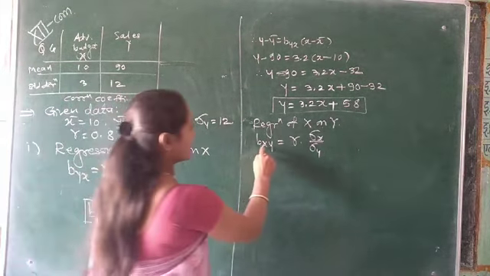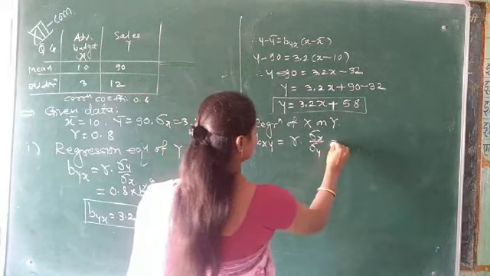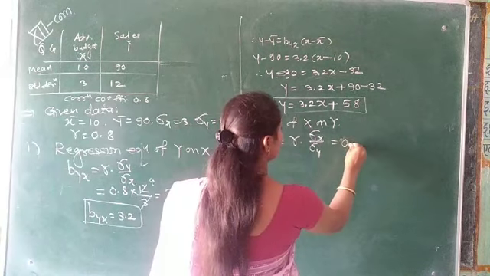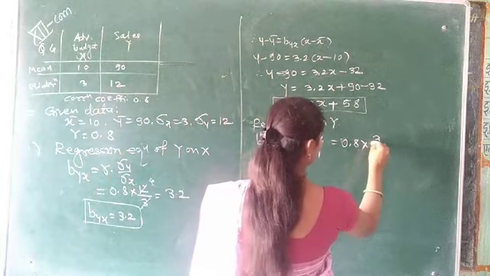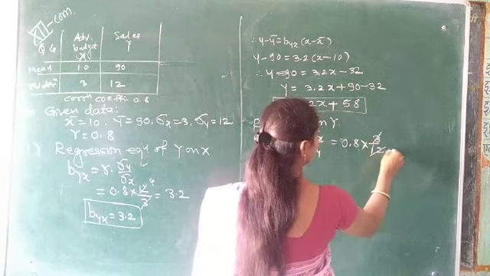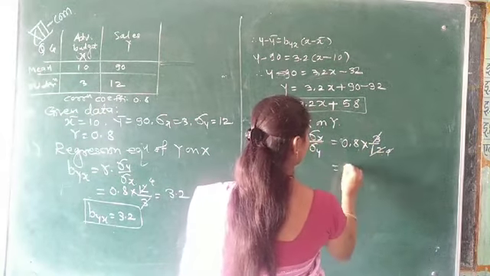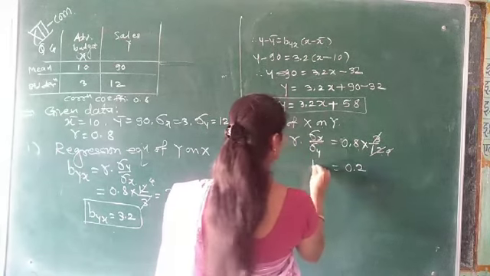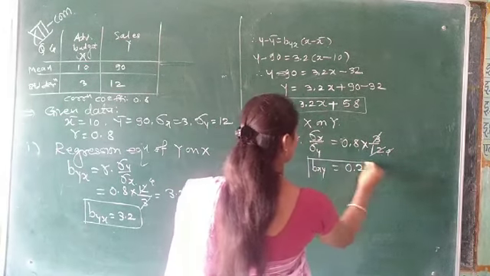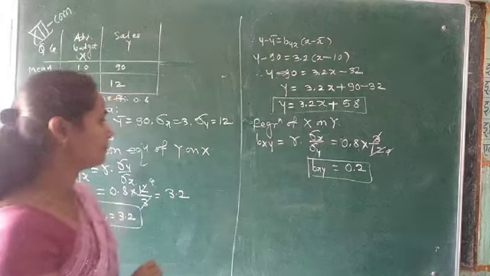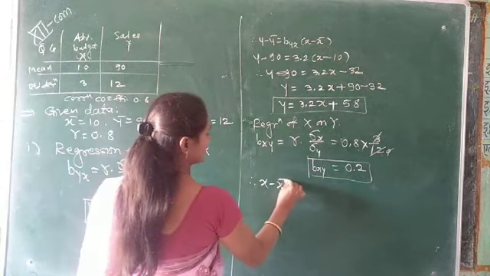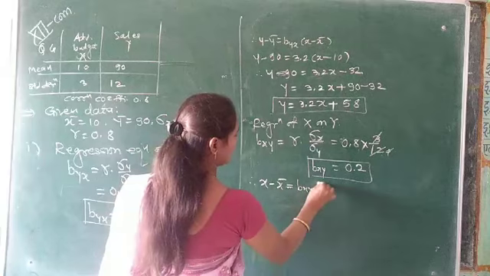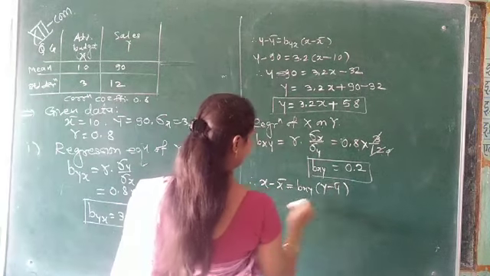Here bxy, so sigma x upon sigma y is equal to r, the value of r 0.8, into sigma x 3 upon 12. Here 3 fours are 12, again 4 twos are 8, hence 0.2. bxy is 0.2. So to find the regression equation, x minus x bar is equal to bxy into y minus y bar.